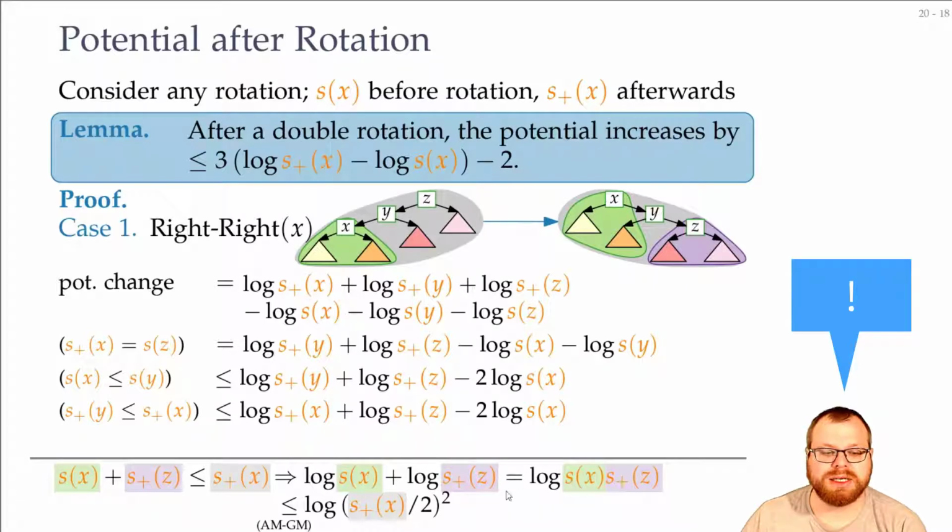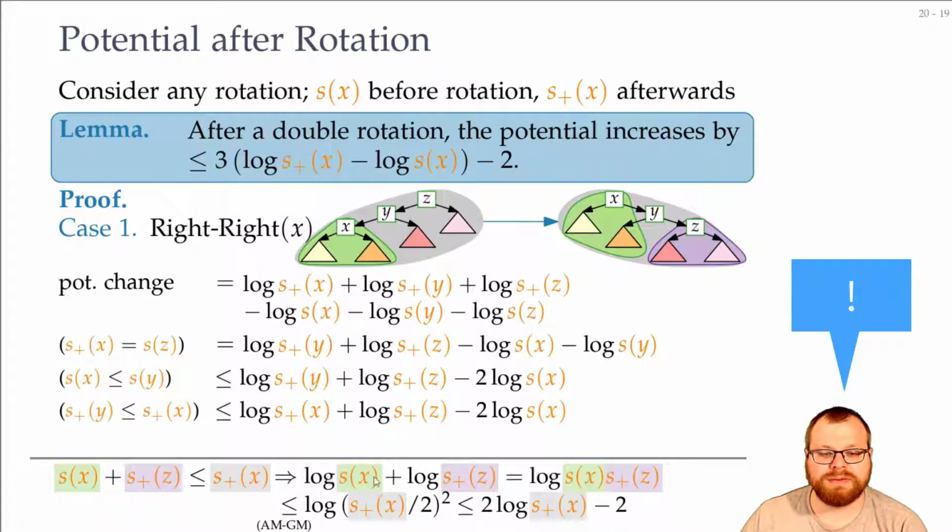This is just the arithmetic mean, geometric mean lemma. If you have 2 numbers whose sum is less than or equal to a third one, then the product is at most the third number divided by 2 squared. And then we again use the standard logarithmic functions. We can pull the 2 to the front here. The divided by 2 becomes a minus 2, so we get this.